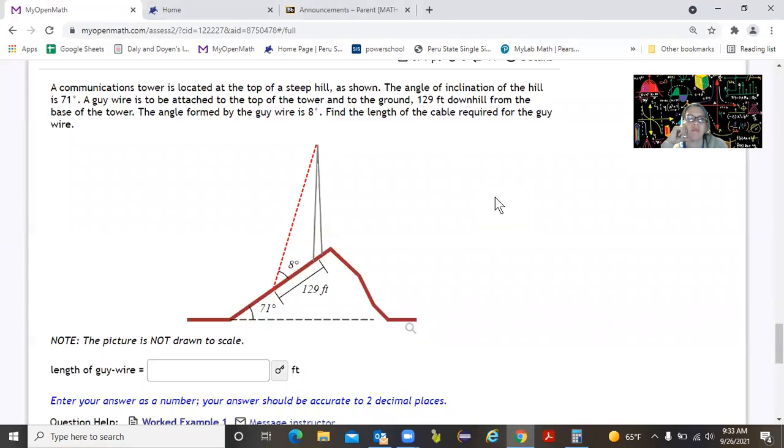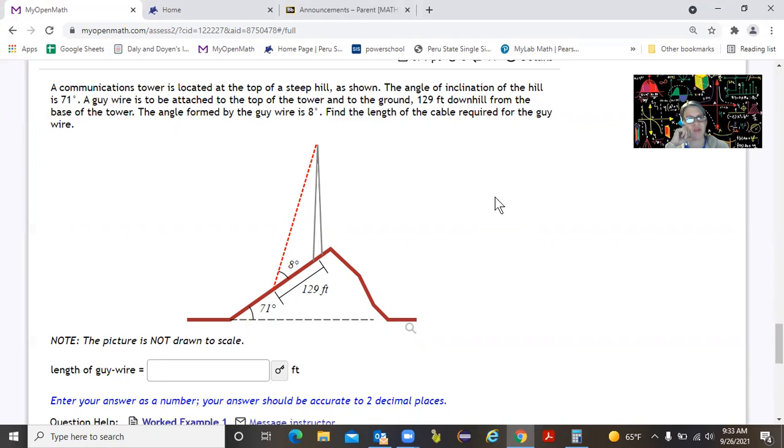And so then they're going to attach a guy wire. I always thought that was guide wire, but to the top of the tower and then to the ground. So again, the picture is given to you. It looks very nice. And it says the angle formed by the wire with that hill is 8 degrees. So it wants to know what's the length of the cable. So that dotted length there, what is that going to have to be?